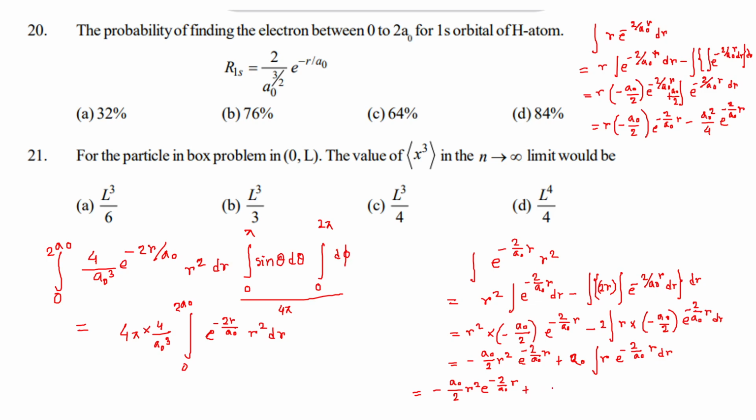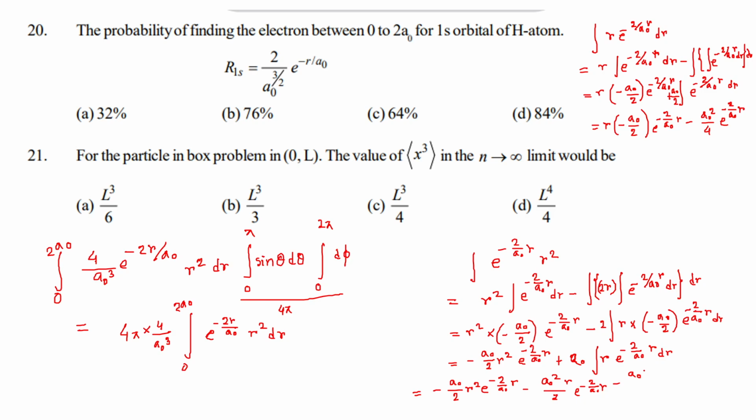Then it would be minus a0, which is already there, and I'm putting whatever we got from the upper integral to this part, a0 square r by 2 e to the power minus 2 by a naught r, and already minus is there, so again it would be minus.